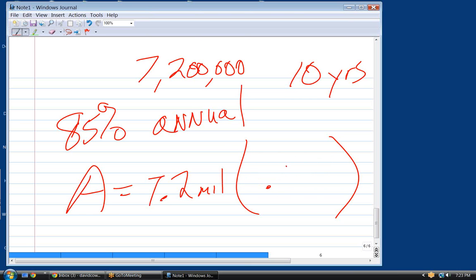And notice that that makes a lot of sense, because at the end of 1 year, I would only have 15% of 7.2 million. So at the end of 10 years, what do you get? What's 0.15 to the 10th power multiplied by 7.2 million?